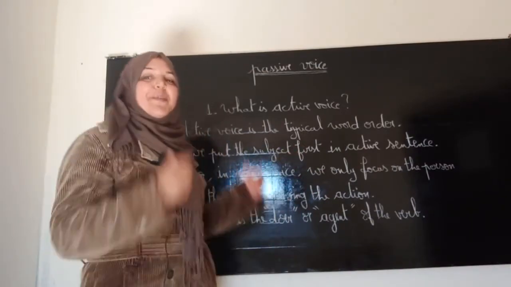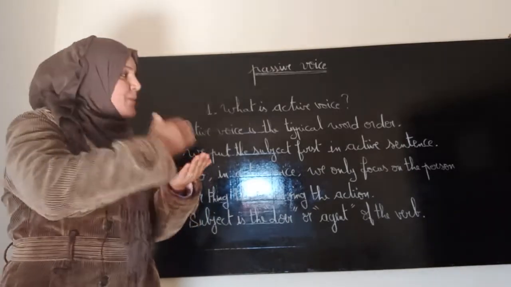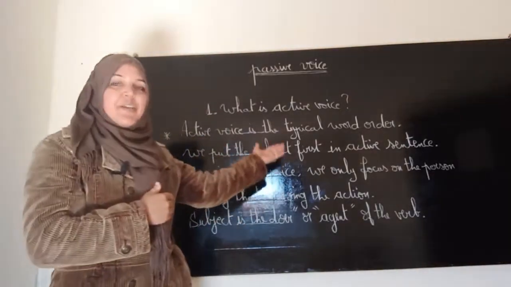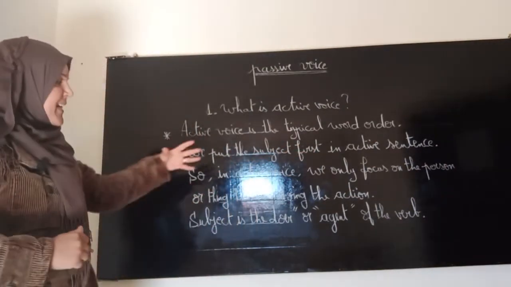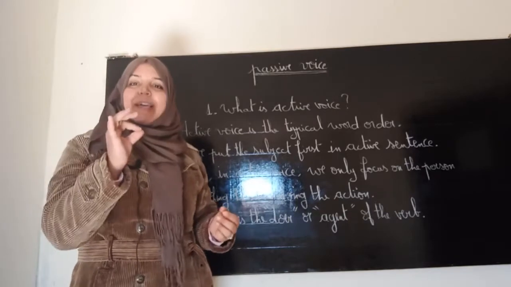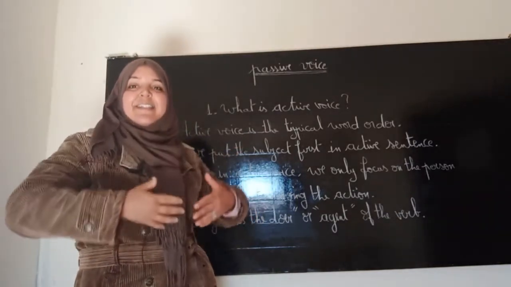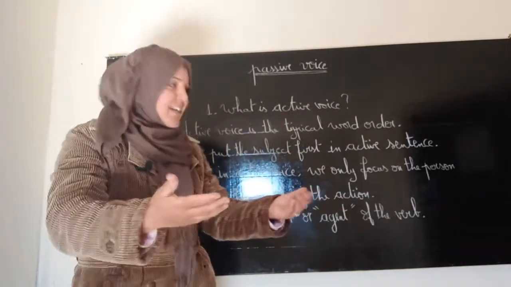So here we go. What is active voice? Active voice is the typical word order, which means we put the subject first in active sentence. And in active voice, we only focus on the person or thing that is doing the action or performing the action.